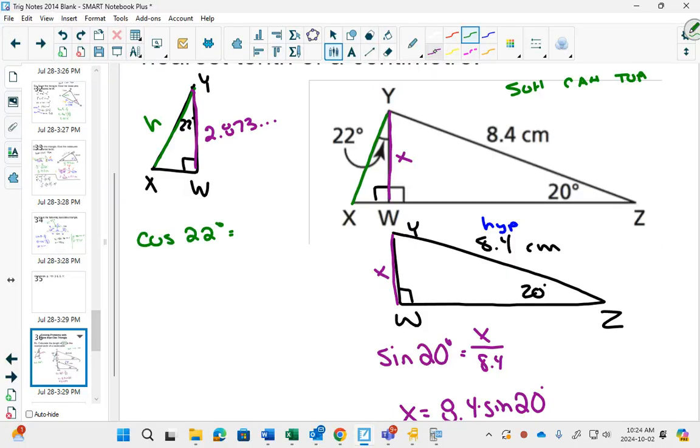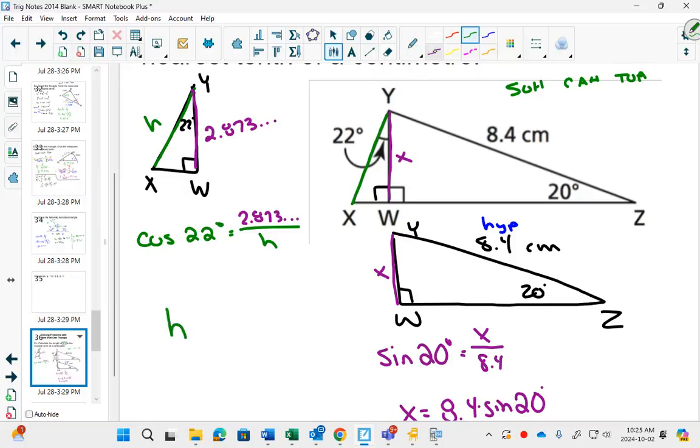Cos of 22 degrees is my 2.873 dot dot dot divided by H. This time your H is in your denominator.